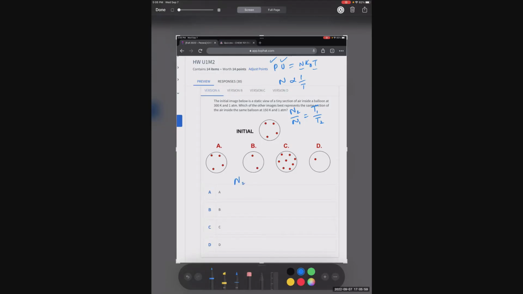We're looking to solve for N2, and N1 is 4 particles, which should be multiplied by T1, which is 300 Kelvin, divided by T2, which is 150 Kelvin. This should be equal to 2. Now 4 times 2 is 8, so that should be our option C.